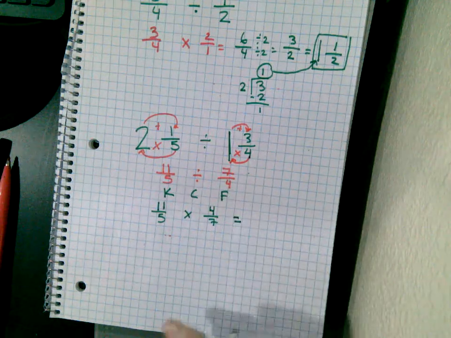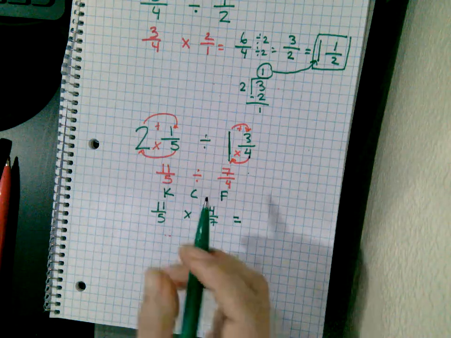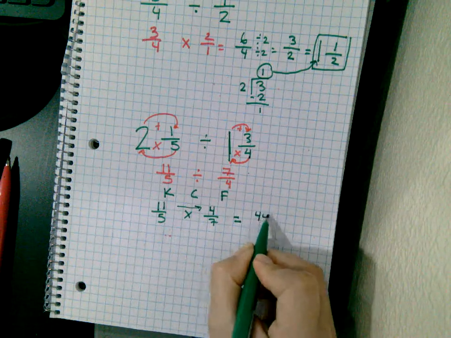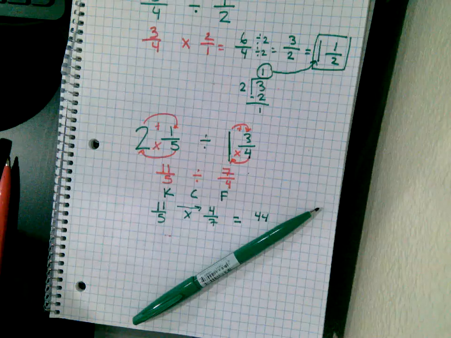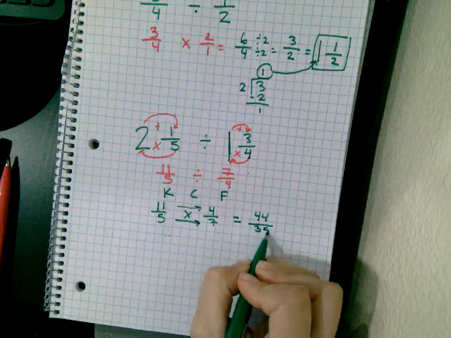All right. What's our first answer? 11 times 4, 44. 5 times 7, 35.